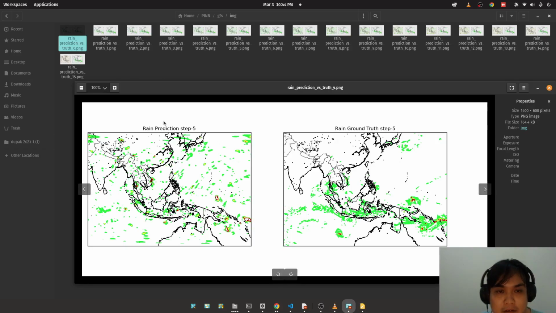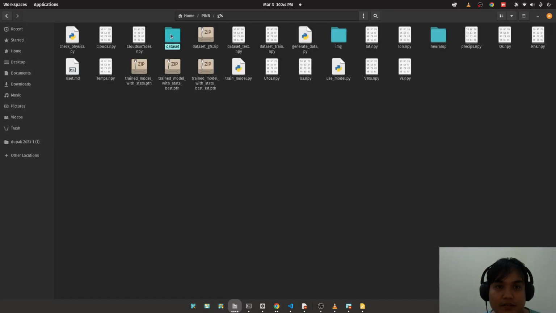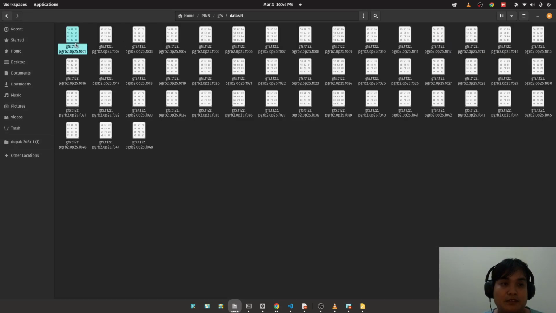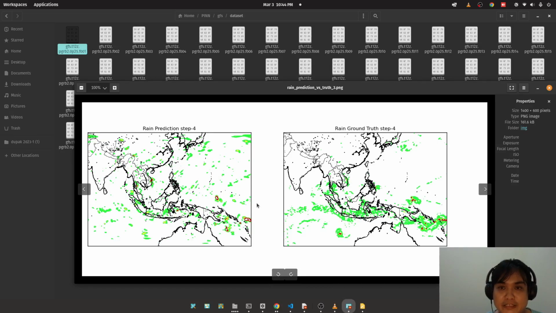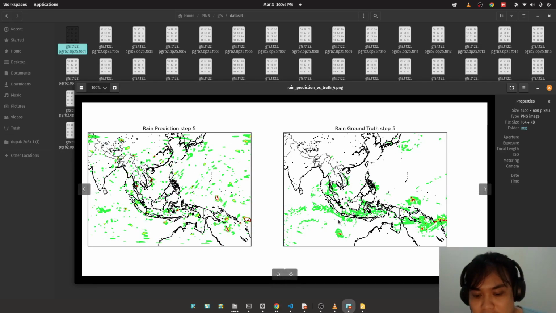So one input image, for example the data from this dataset here, will try to predict the data in the next time step. And if you please look at the right side of this plot.